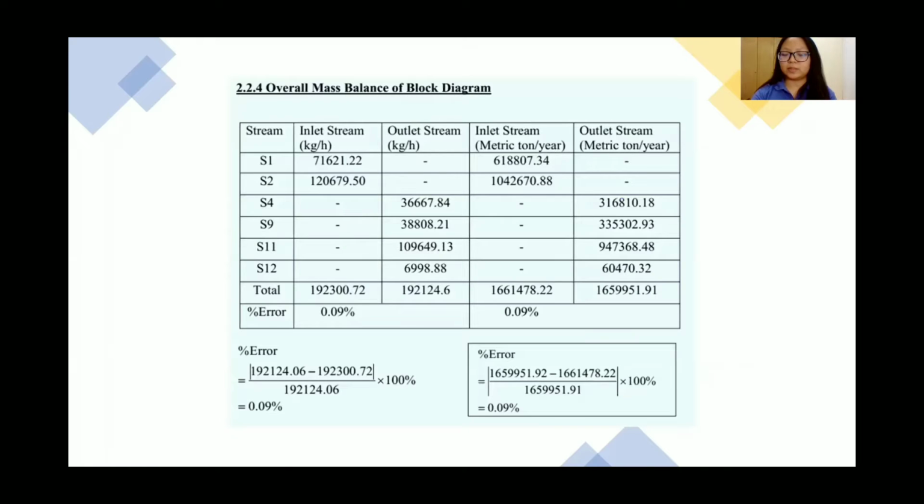The overall mass balance of the plant yields an error of 0.09%, and based on our design of the plant, approximately 70,000 kg per hour of methane and 120,000 kg per hour of excess steam is needed to produce 2,500 metric tons of methanol per day with 95% purity.